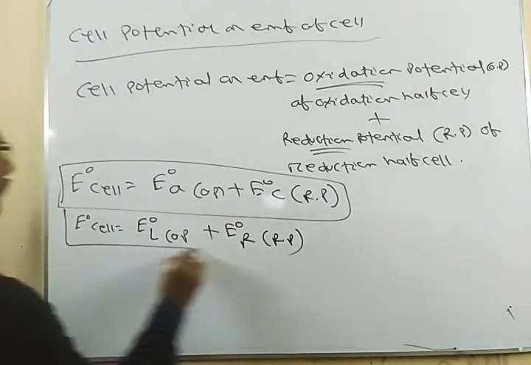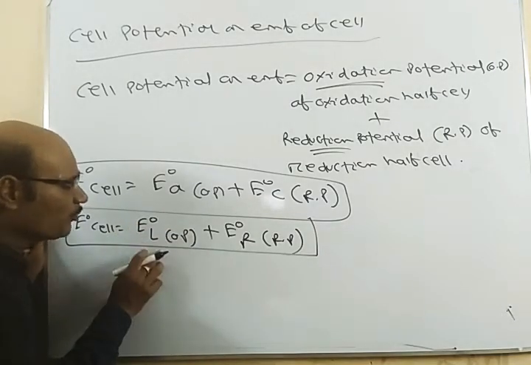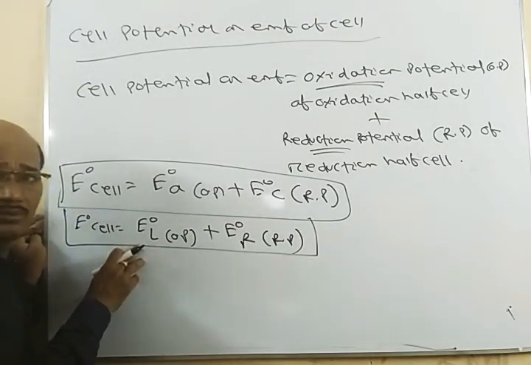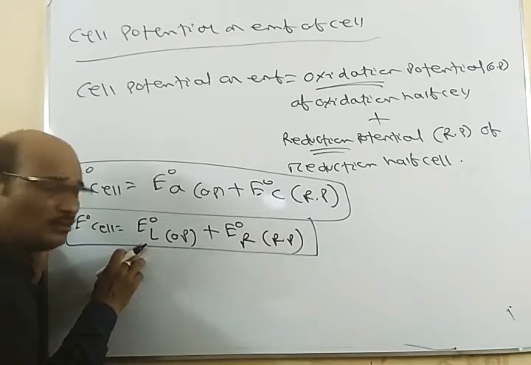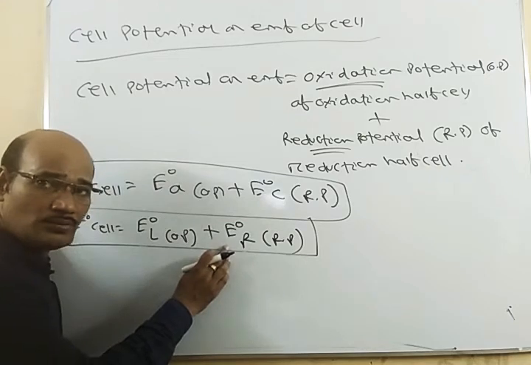So the oxidation potential of the left electrode, that is the oxidation at left, plus the reduction potential of the right electrode, that is your cathode.